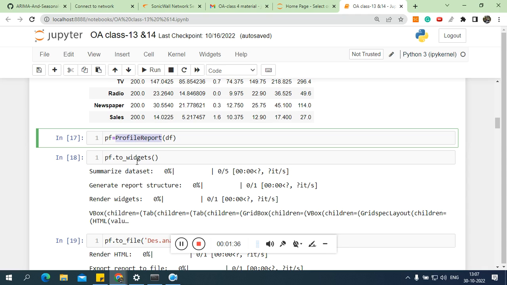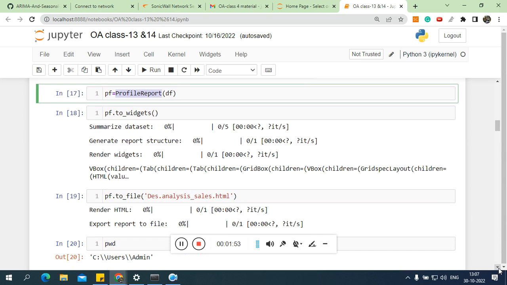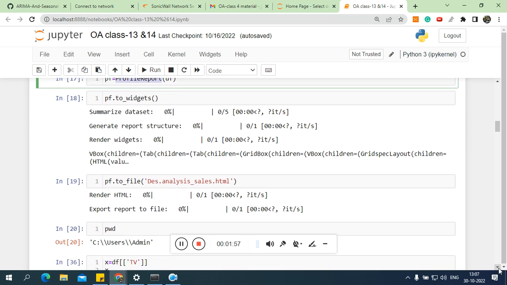So pf.to_widgets, I want to convert this data into widgets, so pf is our variable, and all of it will be converted into widgets, which we already discussed in the last session. Please go through it. I have not uploaded it on YouTube yet, I will upload that part.